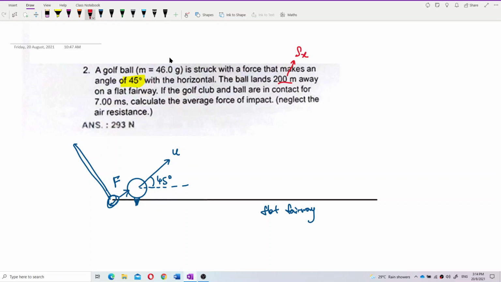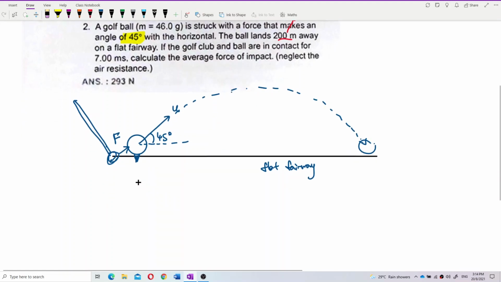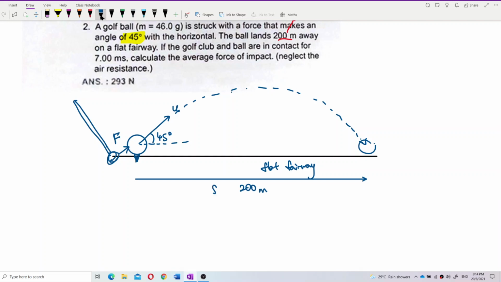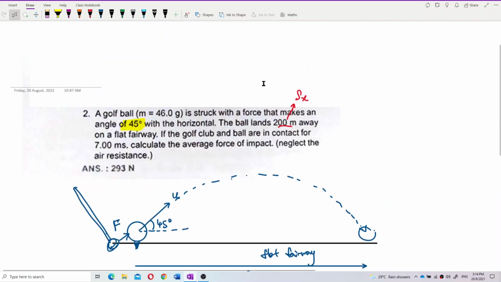That means this ball will travel in a projectile motion and reach back to the ground around 200 meters away. Let me draw it. This is the 200 meters. This is the x displacement.